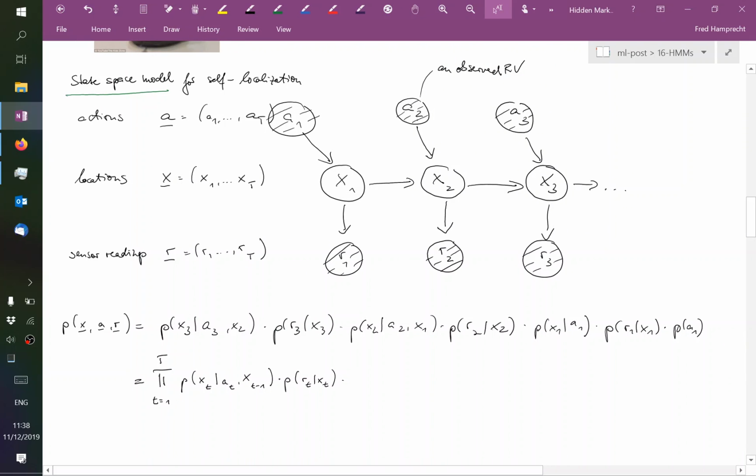I have forgotten here the probability of a3, and I've forgotten there the probability of a2. So times the probability of at. And then we have this corner case, we need to define what we mean when t equals 1. So we define that the probability of x1 given a1 and x0 is just the probability of x1 given a1.